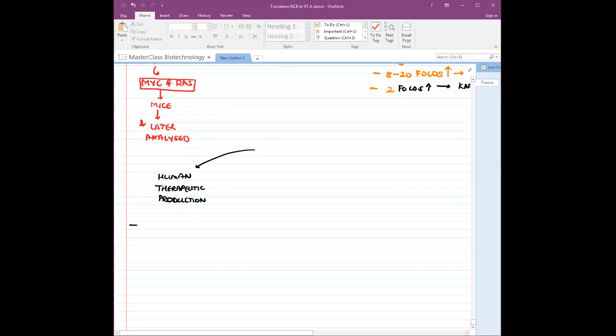Guys, the first one we are going to produce is human lactoferrin. These are certain compounds that we are going to be producing. Second thing, we have human alpha lactalbumin.